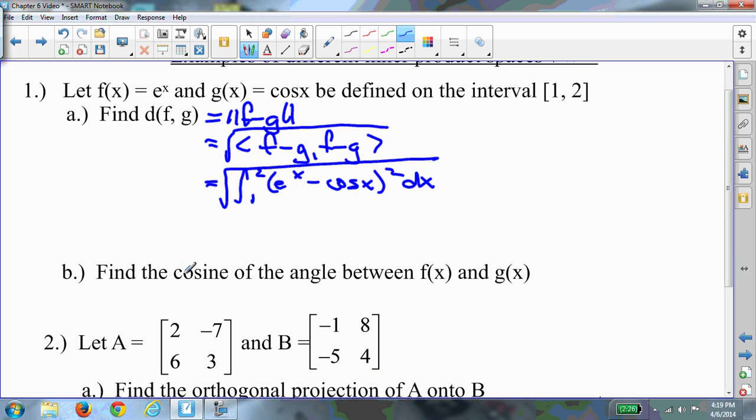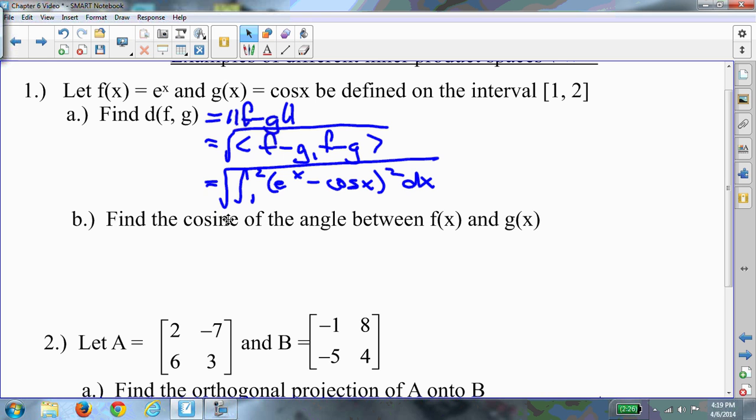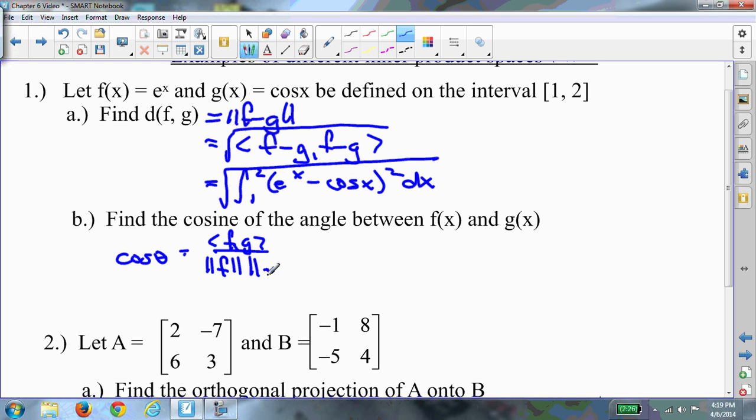The cosine of the angle, and notice I never mentioned the angle because you can't really have an angle between two functions. So the cosine of the angle, cosine theta, would be the inner product of f and g over the magnitude of f and the magnitude of g.